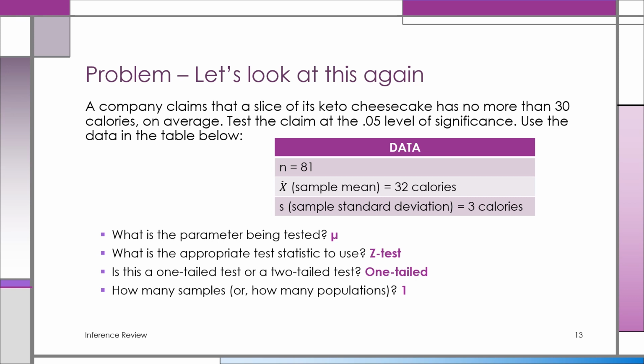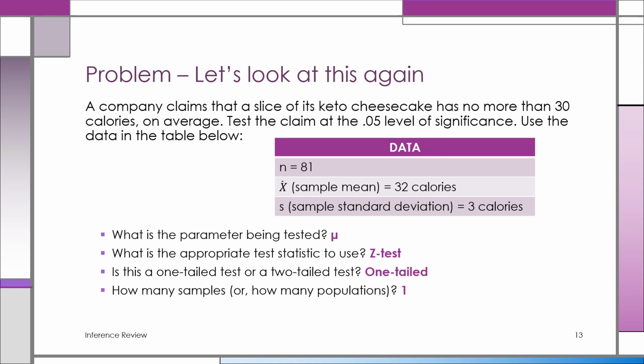Is this a one-tail test or a two-tail test? That might be a little bit more tricky. Let's take a look at the description again. A slice of cheesecake has no more than 30 calories on average. So where are you going to reject? Are you going to reject this claim if you find out that the slice of cheesecake really has very few calories, like 10?